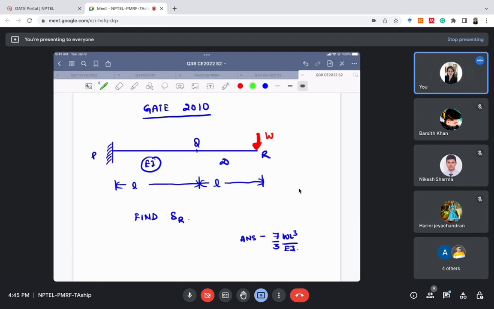The length of PQ is L, the length of QR is L. We need to find the value of deflection at point R. The answer I have already given to you, 7 by 3 WL cube by EI.